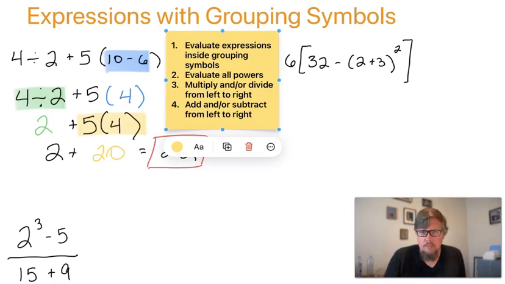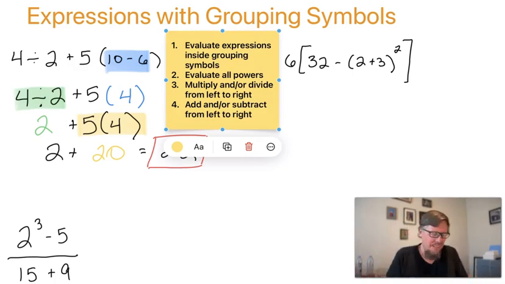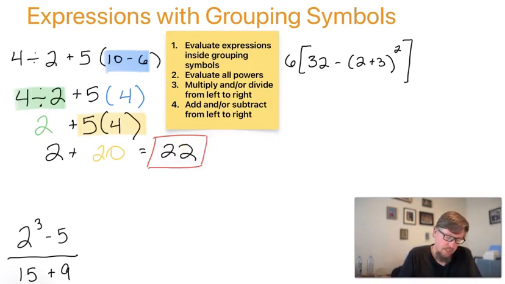When you've got two sets of grouping symbols, the one that you do first is the innermost set. Usually it's going to be parentheses, and then brackets, and then there's a special kind of curvy bracket if we needed to go out a third layer. But in this case, we are going to start with the 2 plus 3 because that is the innermost set.